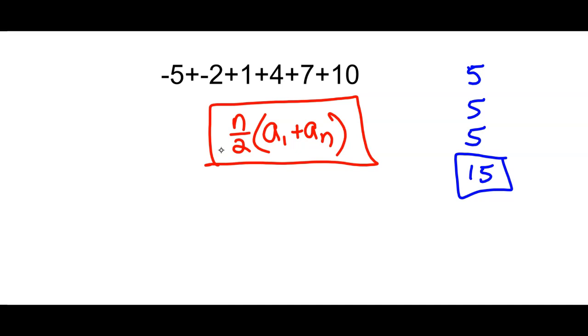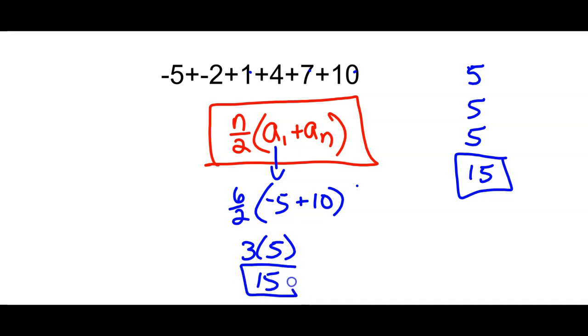This one can start with any number. So how do I apply this red formula to this situation? I know my first term is -5. I know my last term is 10. And then the number of terms here is 1, 2, 3, 4, 5, 6 terms. So you've got 6 over 2. This simplifies to 3 times 5, which is 15.